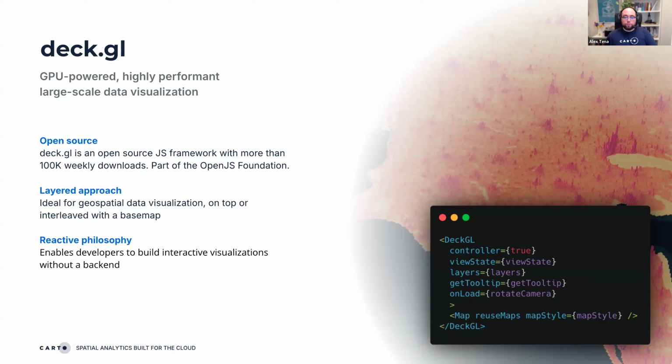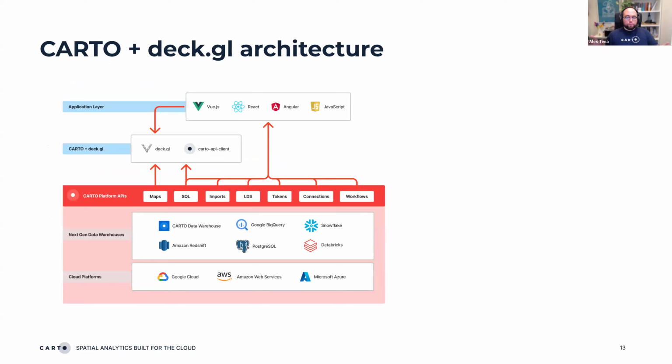So you need to get familiar with deck.gl, and again, I'm calling this stack CARTO plus deck.gl. Feel free to send any questions about deck.gl. Of course, deck.gl is not part of CARTO, but we love to cover it and speak about it.